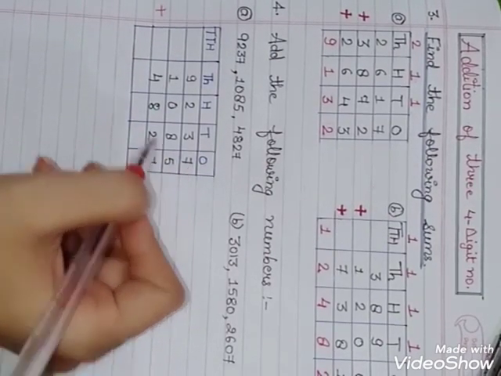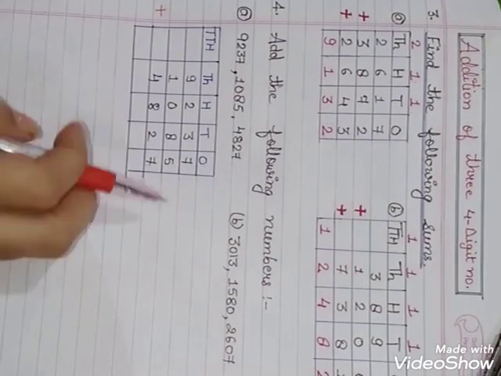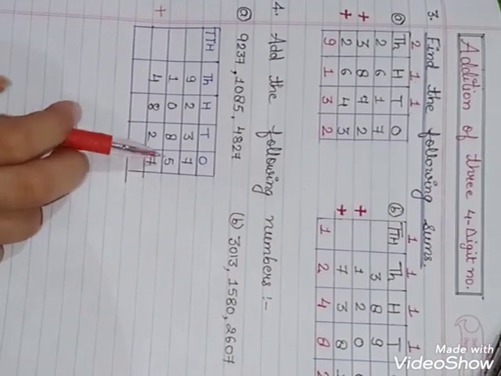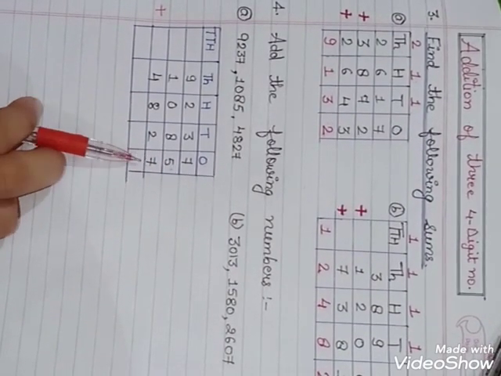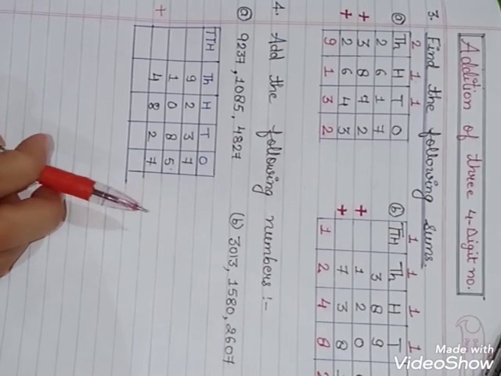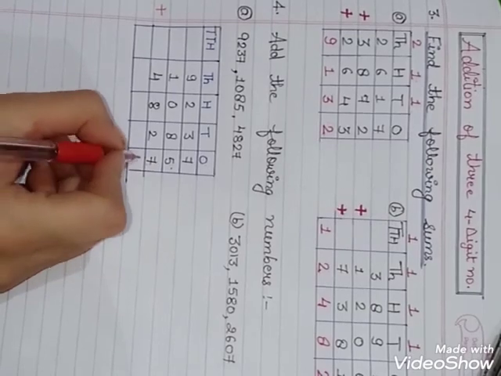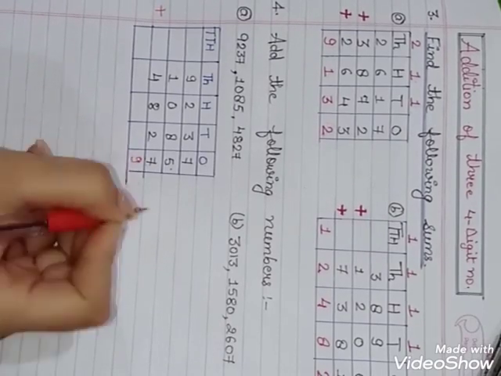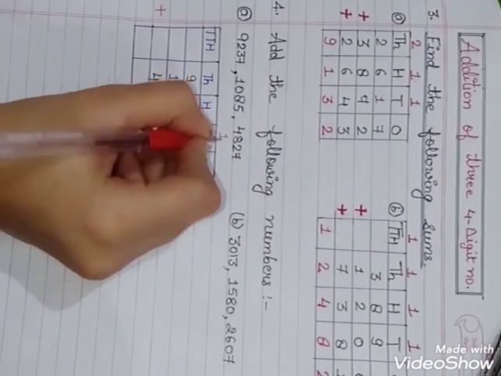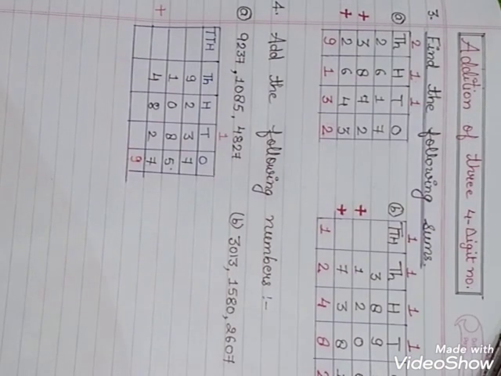If we add 7 plus 5 equals 12. Now 12 plus 7 equals 19. And once again 19 is a 2-digit number, so we write 9 here only and 1 is carried over to the tens place. Again we have to add the tens place digits, that are 3, 8 and 2.